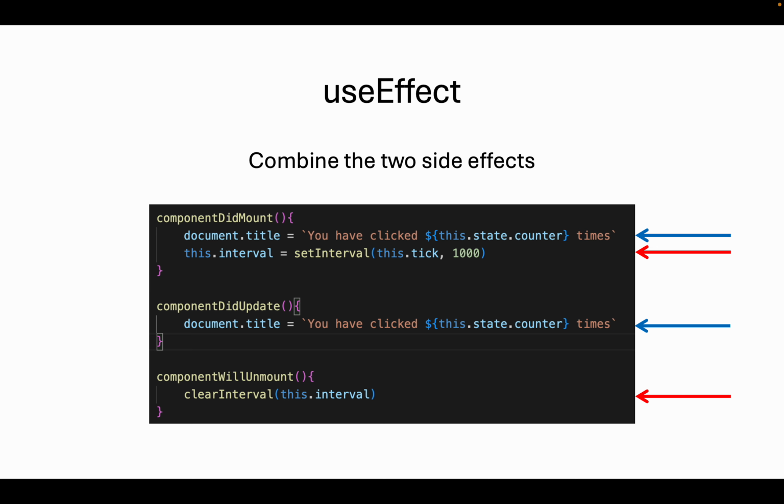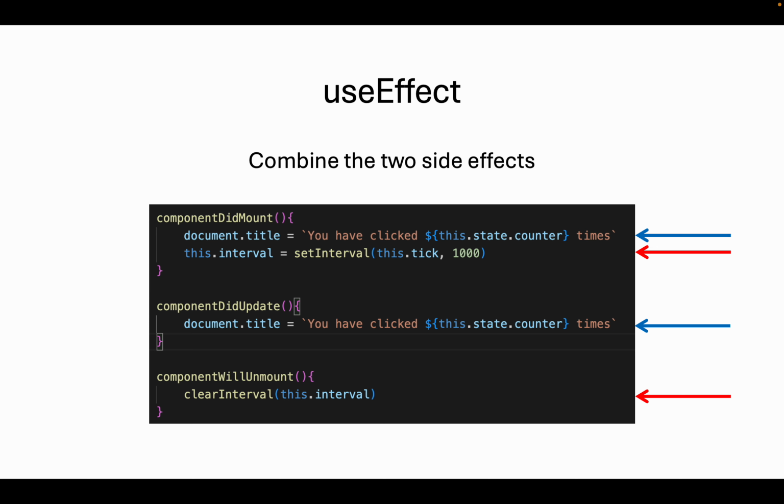Sometimes you can forget to unsubscribe or to clear the interval. Sometimes you can forget to update the document title from componentDidMount. So for these kinds of problems, useEffect came into the picture as the solution.